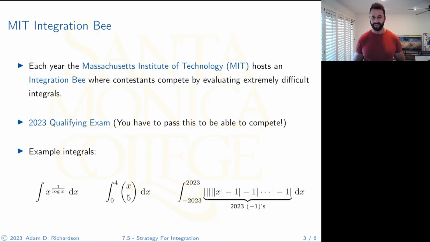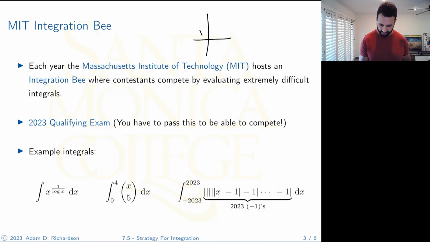This one I found out that I was actually able to evaluate on my own in about a minute or so, just by thinking about the picture. So I'll explain how to do this one. This one is basically the absolute value graph shifted down by 1, and then you take the absolute value of that again. If you remember what the absolute value graph looks like, it's the V, right?